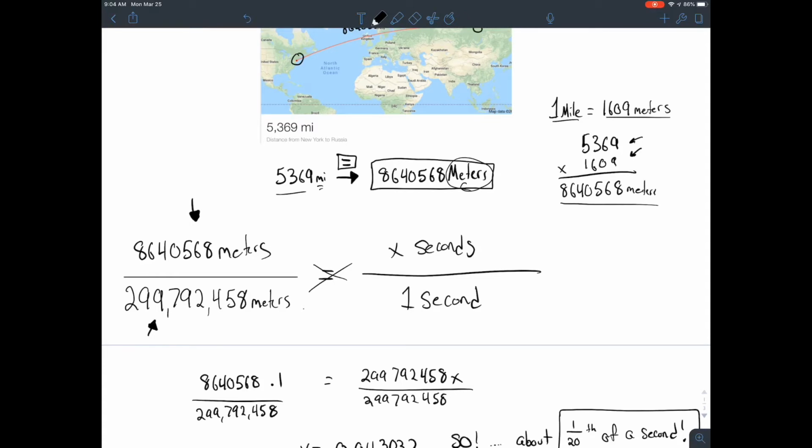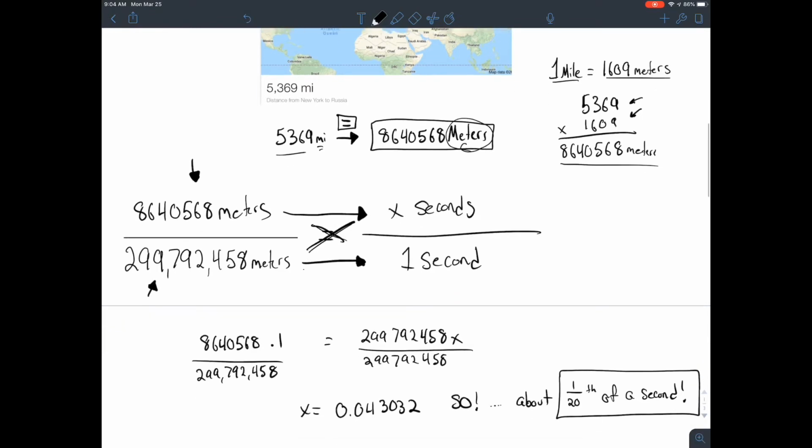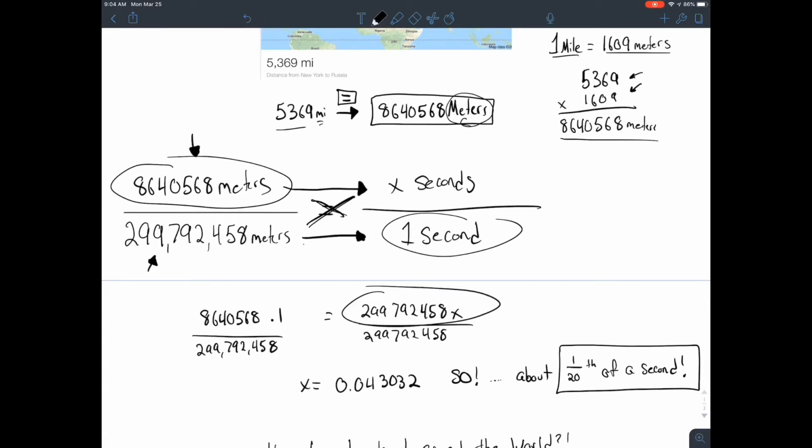So we know that we go this fast in 1 second, so we want to know how far this goes in how many seconds. So we're going to end up cross-multiplying, so we get this number multiplied by 1, and then we get this number multiplied by x, so we get this equation right over here.